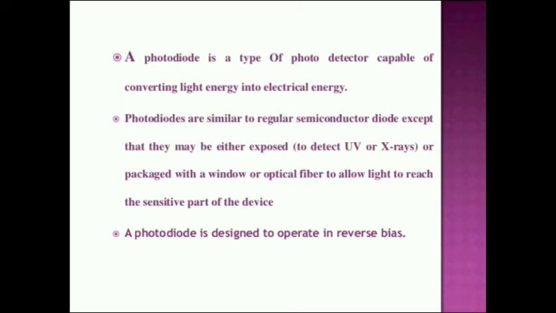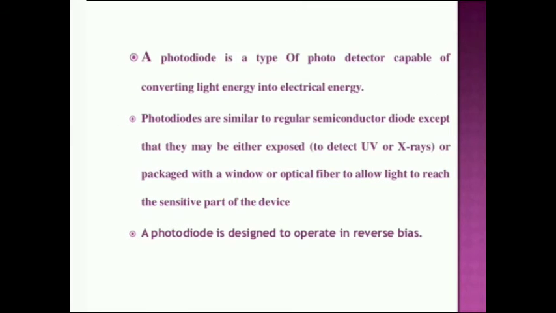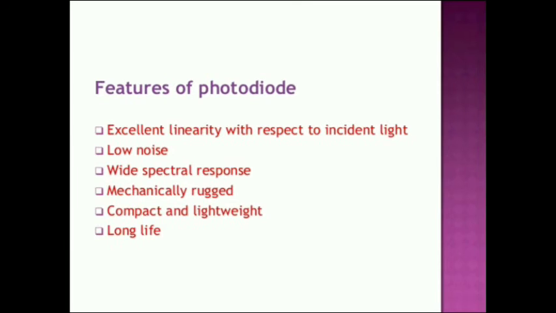Photodiodes are similar to the regular semiconductor diode except that they may be either exposed to detect UV or X-rays, or packaged with a window or optical fiber to allow the light to reach the sensitive part of the device. A photodiode is designed to operate in reverse bias.